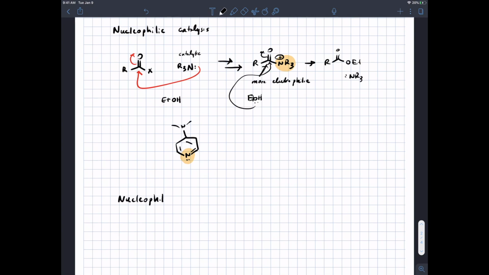nucleophiles to make super Lewis acids, or maybe by super I mean just really reactive.